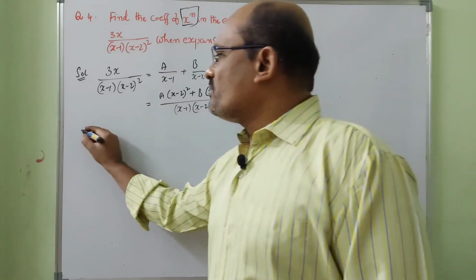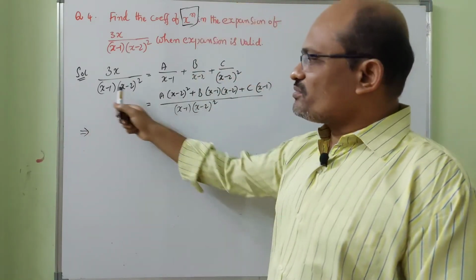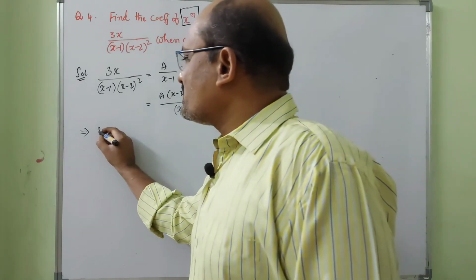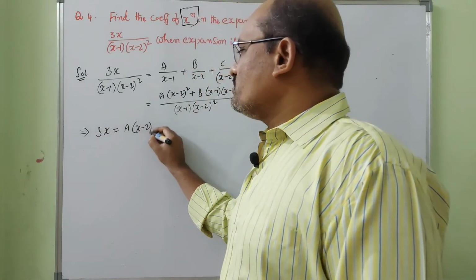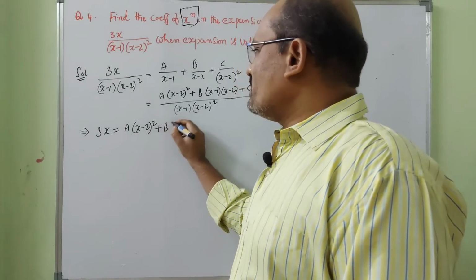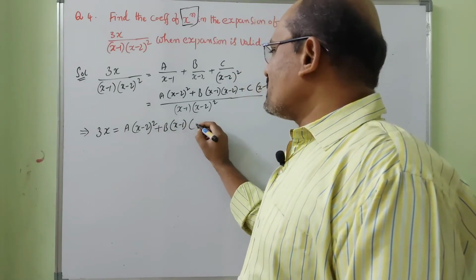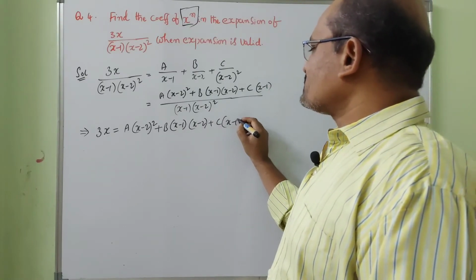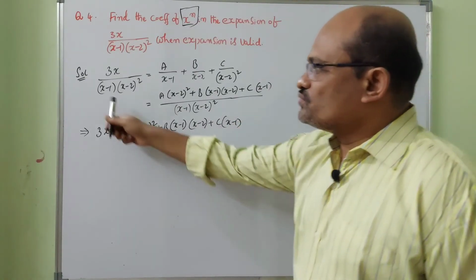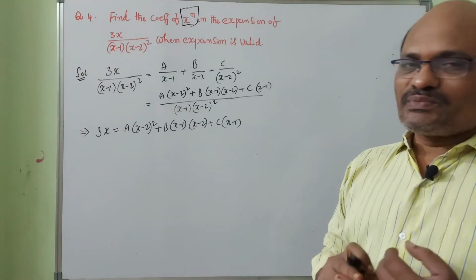Now equate numerators on both sides because denominators are equal. 3x equal to A into (x minus 2) whole square plus B into (x minus 1) into (x minus 2) plus C into (x minus 1). Here we have 2 linear factors, x minus 1 and x minus 2.